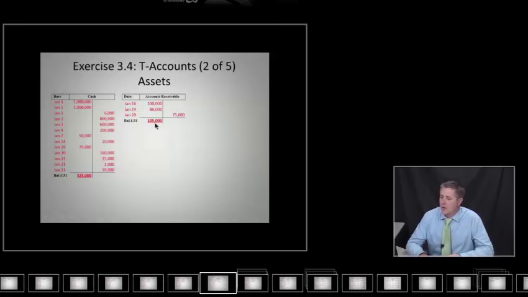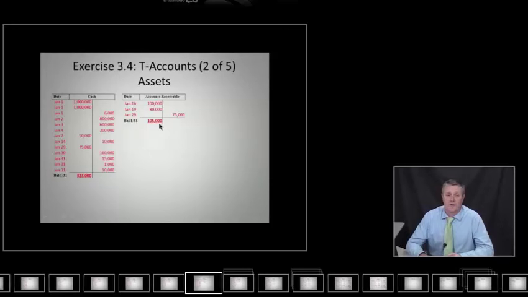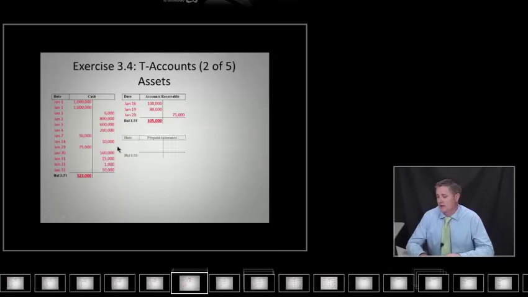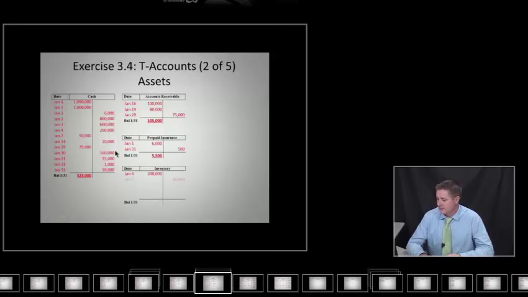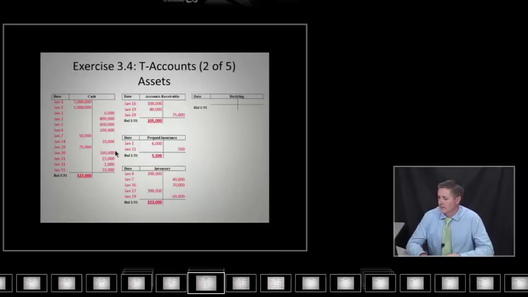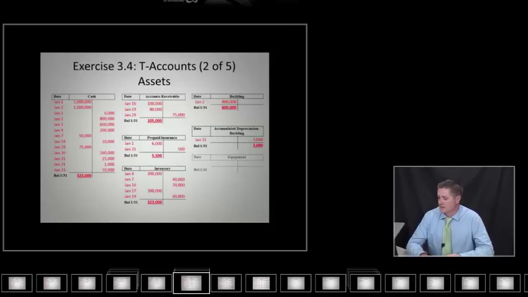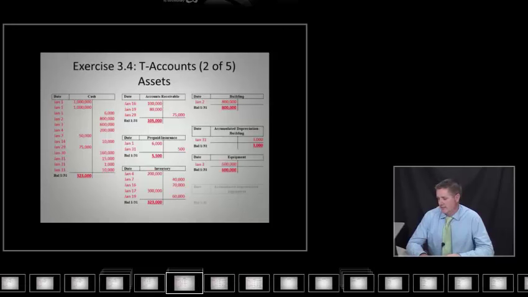And we know that the normal balance for accounts receivable should in fact be a debit balance, as it is for all of the asset accounts. So we can go through every account and create T accounts for every asset account.